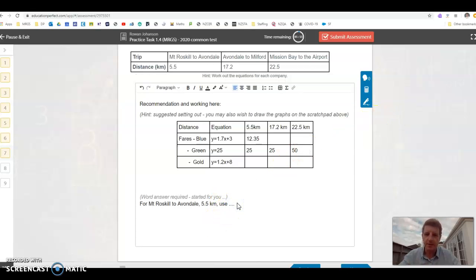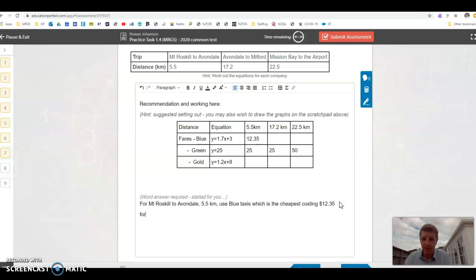And then to finish, I have to write 3 sentences, one for each of the 3 trips. So from Roscoe to Avondale going 5.5 kilometers, the cheapest is going to be, let's say, blue taxis, which is the cheapest, costing, you say, $12.35. And all you have to do is write that for each of them.